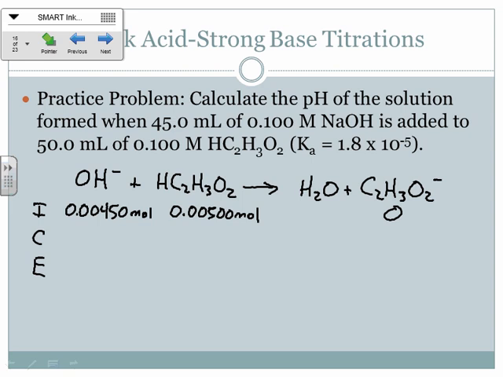The OH minus, okay? Before the equivalence point, your OH minus is going to run out first. So again, because this is a 1-to-1 stoichiometry, 0.00450 moles of the OH minus is going to react with 0.00450 moles of the acetic acid to produce 0.00450 moles of the acetate. All right, so then you end up with none of the OH minus, and then you end up with, I should do this in my head, I'm ashamed.